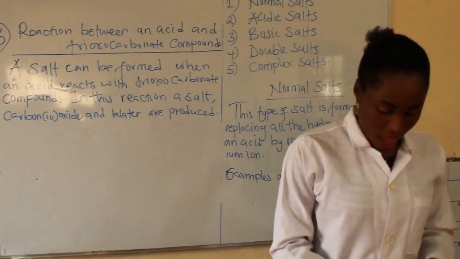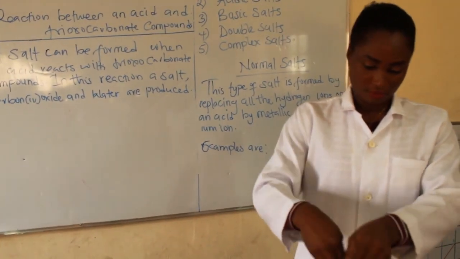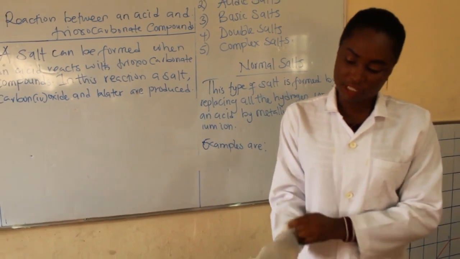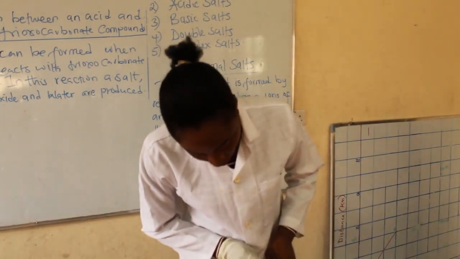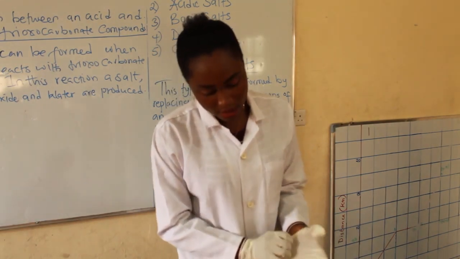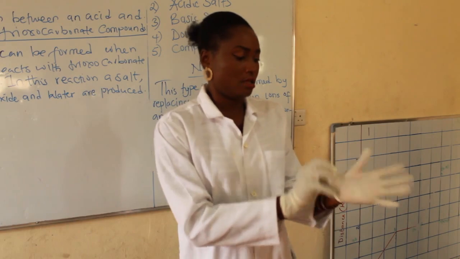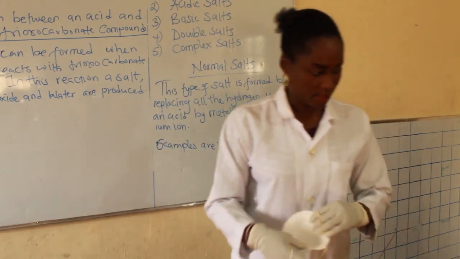So quickly, I wear my hand gloves. Remember, if you're doing any practical in the chemistry laboratory, you need to wear your hand gloves. And then I'm going to just get my nose mask, okay?